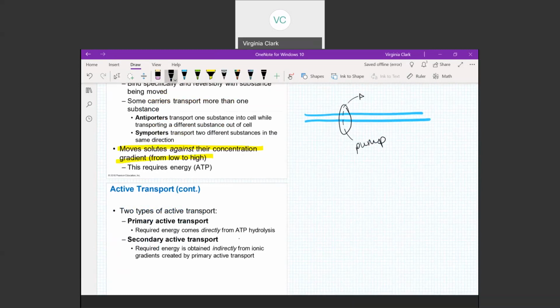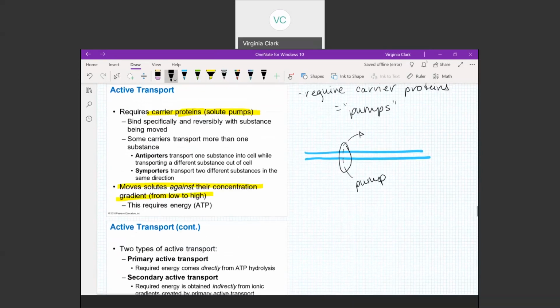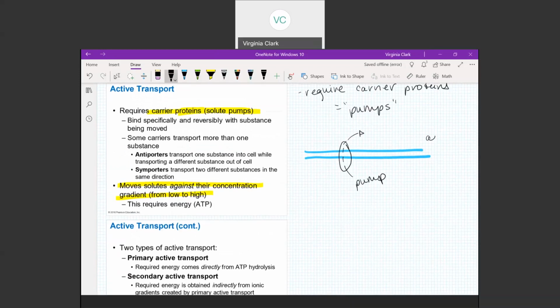This is not natural. It is a pump. We are going against the concentration gradient. The normal concentration gradient wants to move from high to low. That is always. But with an active transport, you are pumping from low to high. So that is opposite, but it requires ATP to do this.